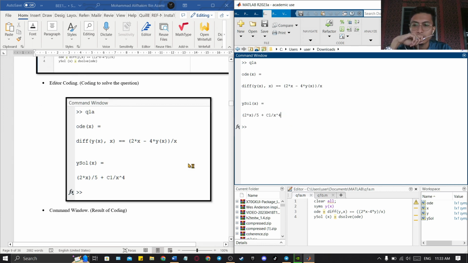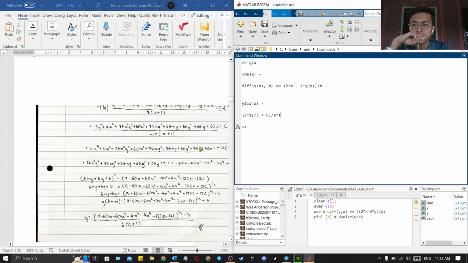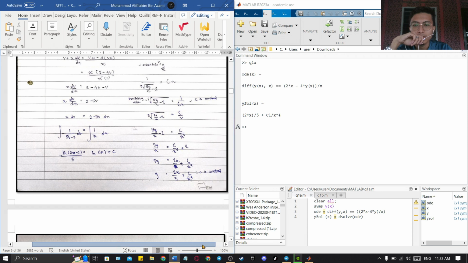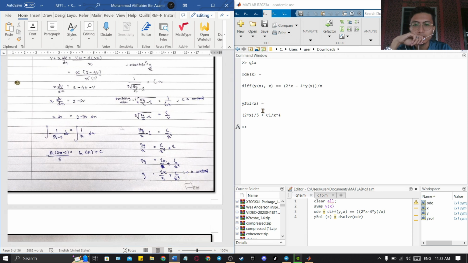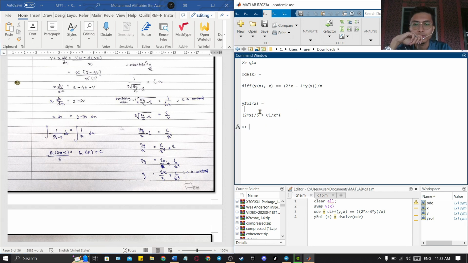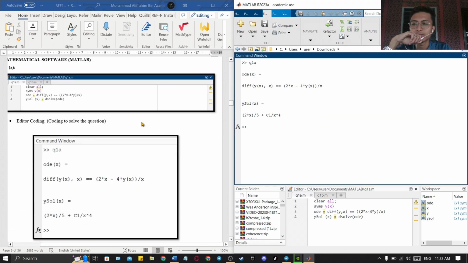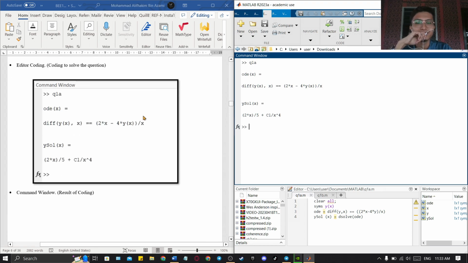If we summarize from our manual calculation, it's also the same: 2 multiplied by x divided by 5 plus a constant divided by x to the power of 4. So from here we get the same answer as the manual calculation, and I can conclude it is right. That's all from me, thank you.